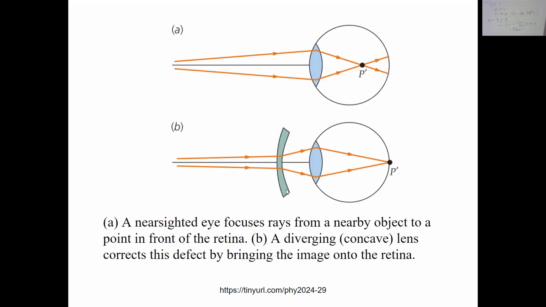Okay, so that's what the lens is doing here. It's a divergent lens. Because it's a divergent lens, the image is always smaller. So if you are wearing divergent lenses, the object you see should appear smaller than it actually is.